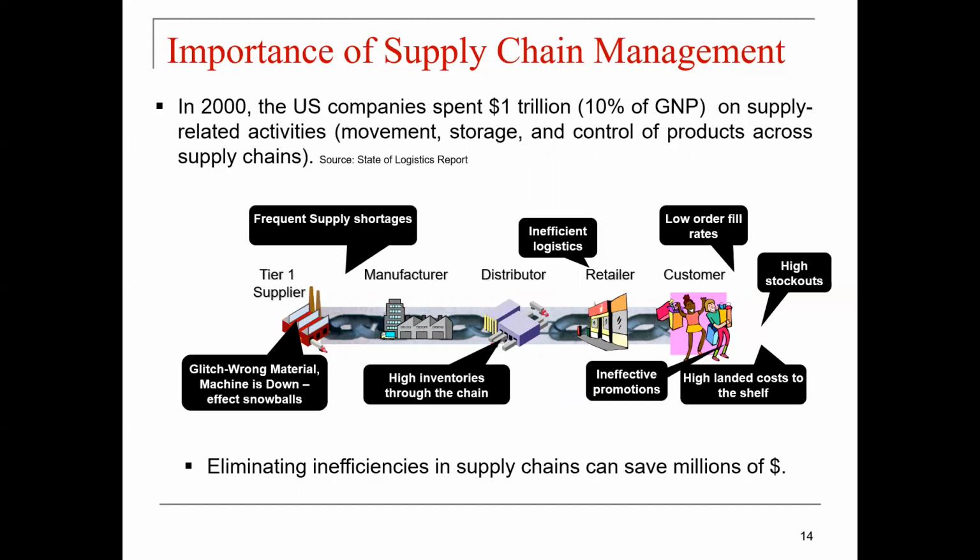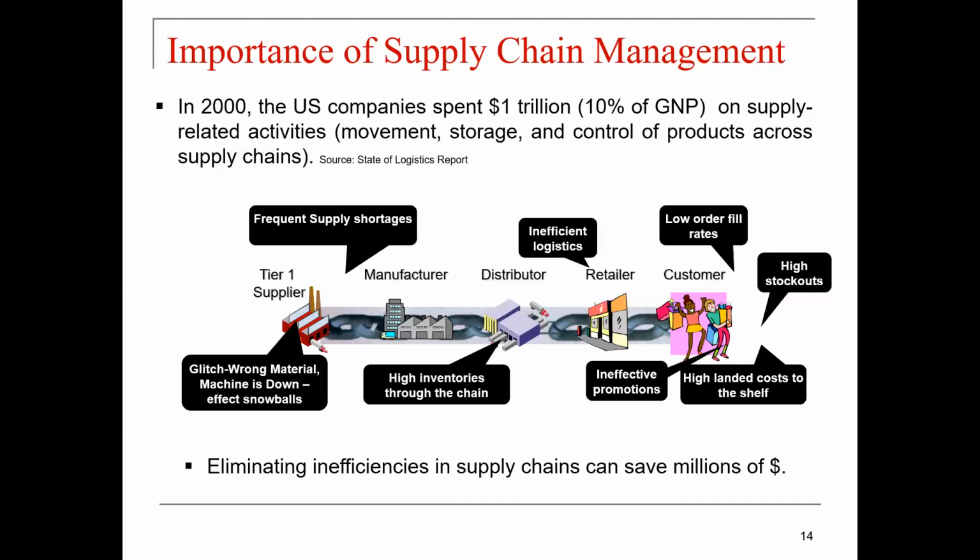Some of the problems: if you look at the tier 1 supplier, if you end up having frequent supply shortages, or a machine is down, then your production is not moving as scheduled, and that will definitely affect the whole supply chain.